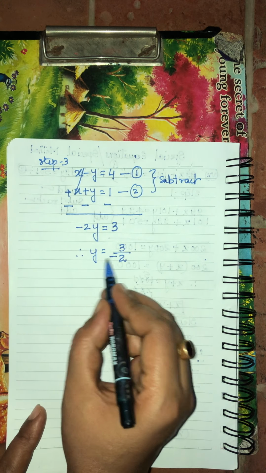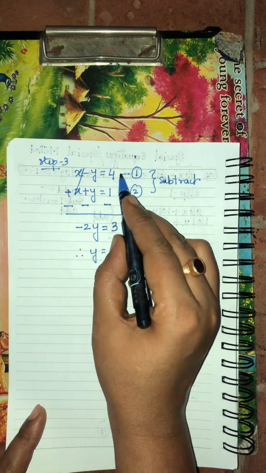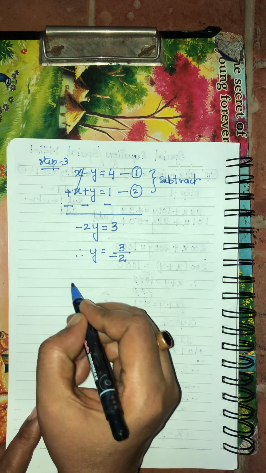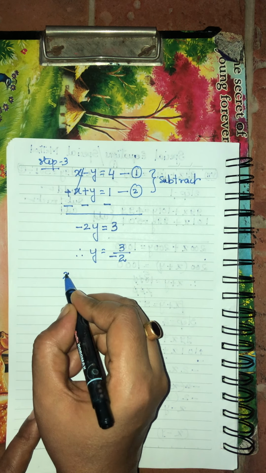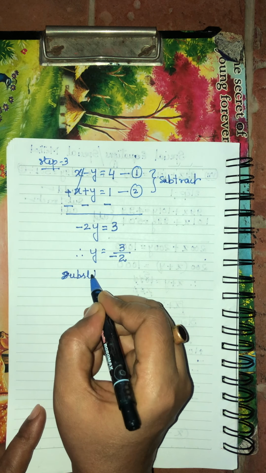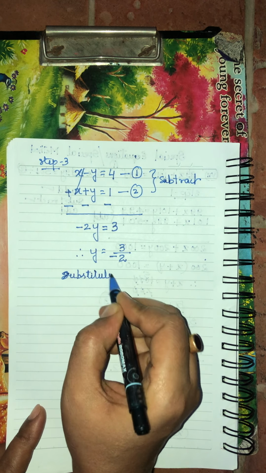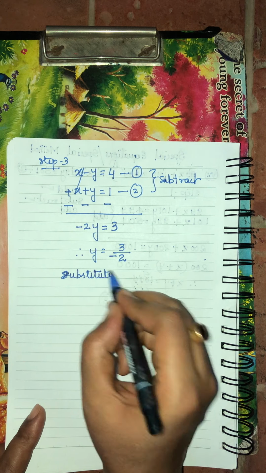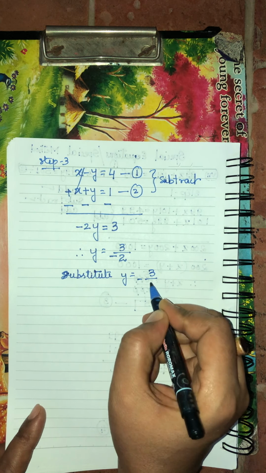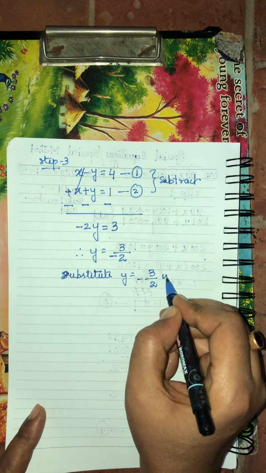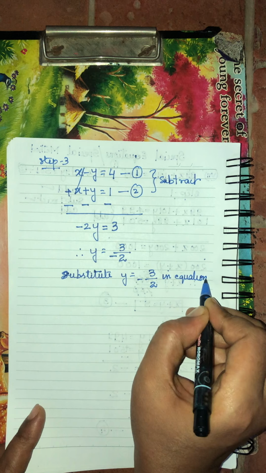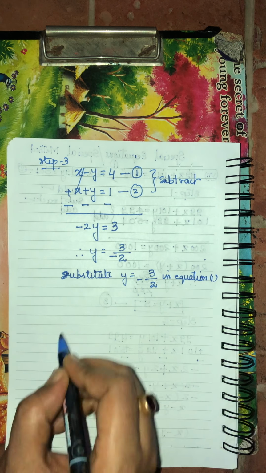Now you got the value of y, substitute in any one of the equations and get the value of x. So substitute y is equal to minus 3 upon 2 in equation 1.